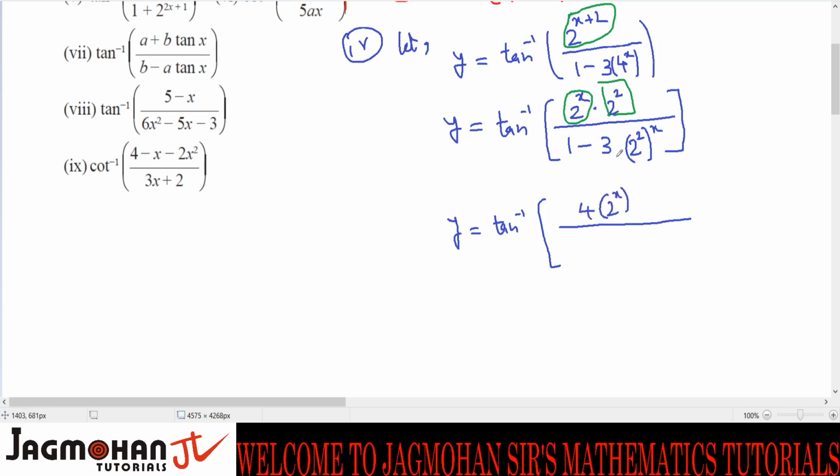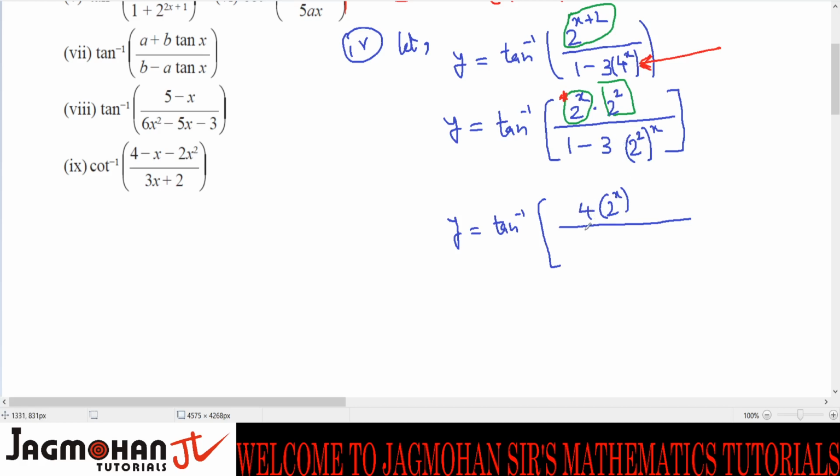If the numerator is 4 times 2 raised to x and I keep my denominator in 4 raised to x, it is not going to solve my purpose. So I understood that in this denominator where I have 4 raised to x, it should also be written in the form 2 raised to x because in the numerator I am getting 2 raised to x. That was the reason for 4 raised to x I wrote (2 square) the whole raised to x.